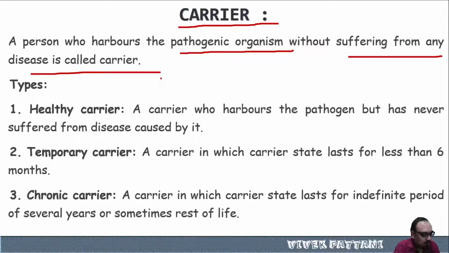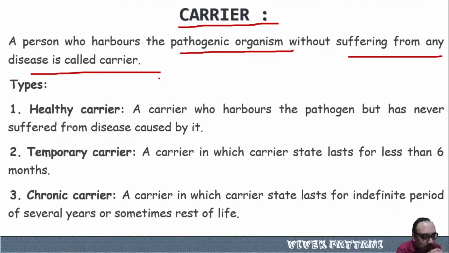For example, a person may be a carrier for a virus, or he may be a carrier for a pathogenic bacteria. But he will not experience any signs nor symptoms of that pathogen.